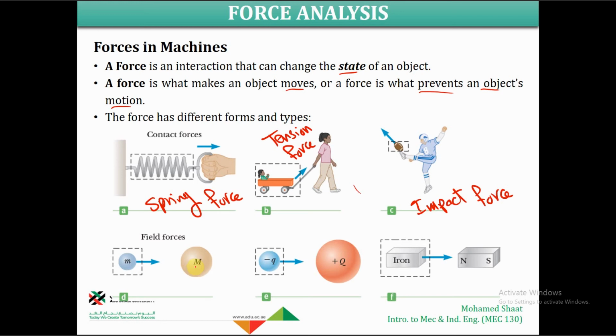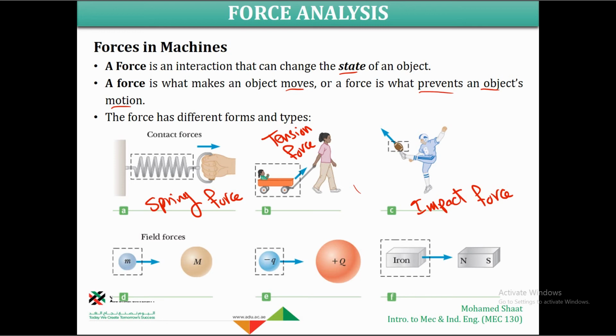So there should be a gravitational force. According to Newton's law of gravity, we have this force that keeps us on the earth's surface. Even if you try to jump, you will fall down again. Why? Because of the gravity force. But this gravity force is a field force. It is a different concept of force.